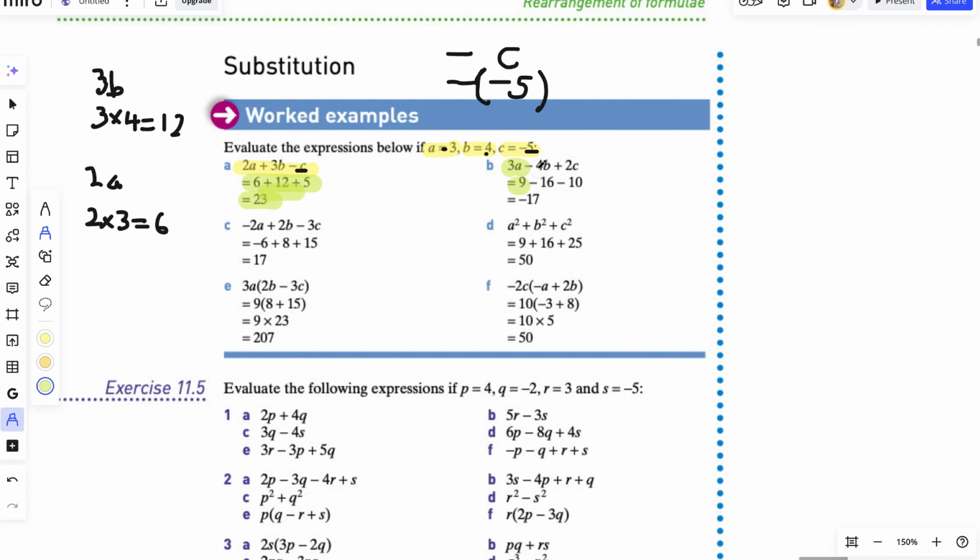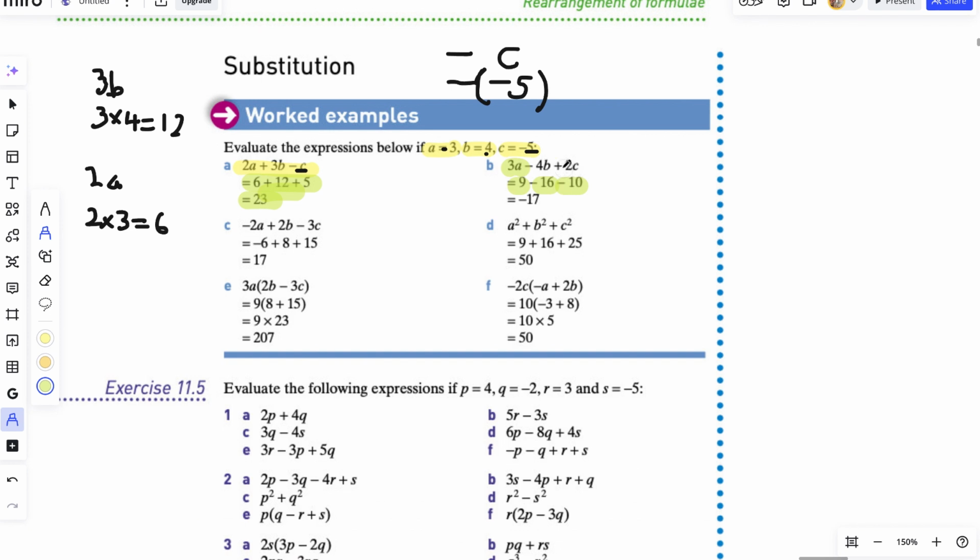Minus 4b, 4 times 3. No, b is 4. 4 times 4, we got 16. Remember this minus, that's how we got minus 16. And c is minus 5. Minus 5, which is c, times plus 2, we got negative 10. Plus times minus is minus.